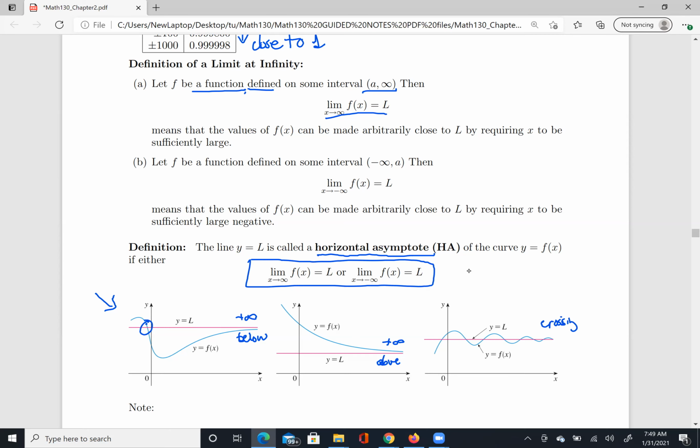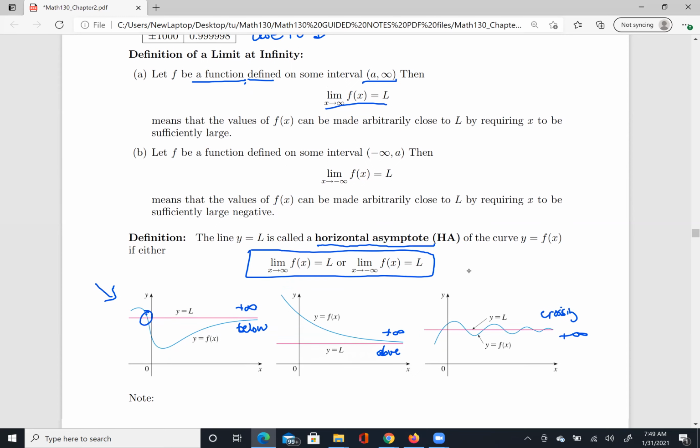The graph keeps crossing y equal to L, and it still goes along with y equal to L when x goes to positive infinity. So we're still going to say, oh, this is a horizontal asymptote for the graph.